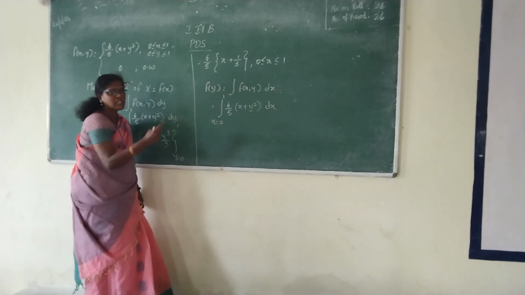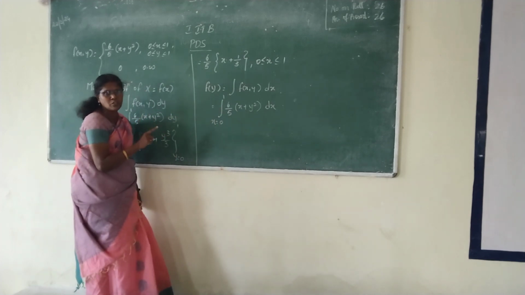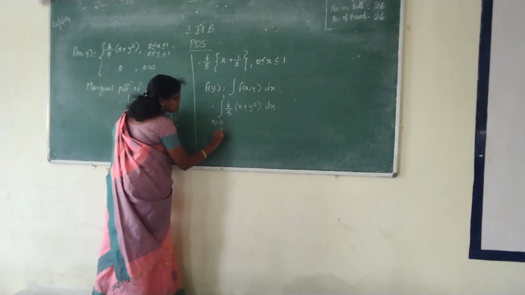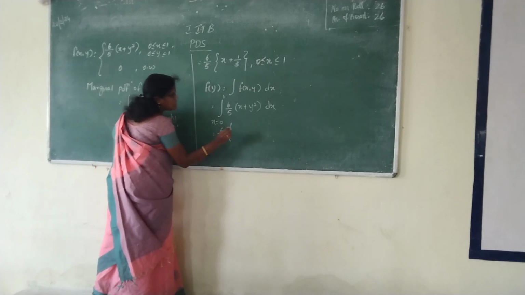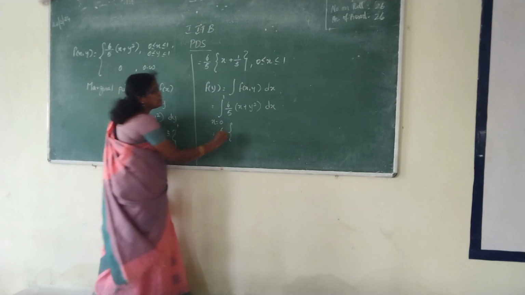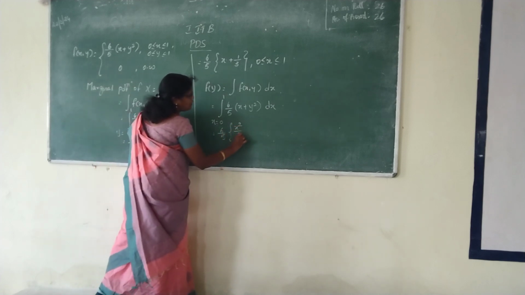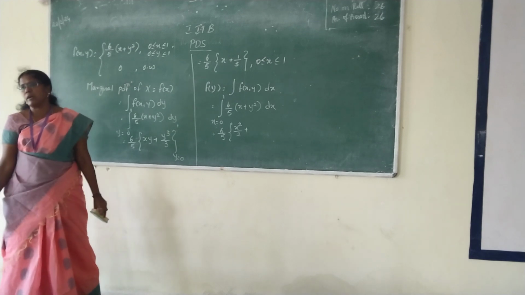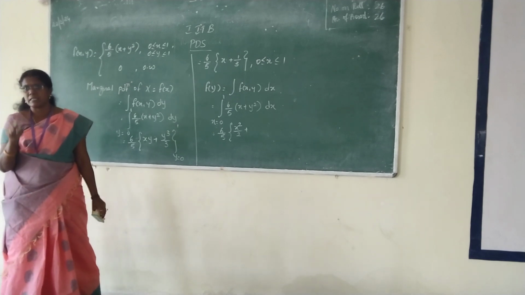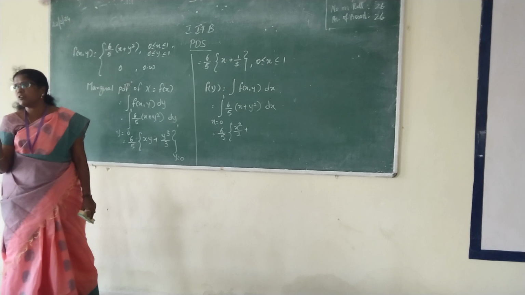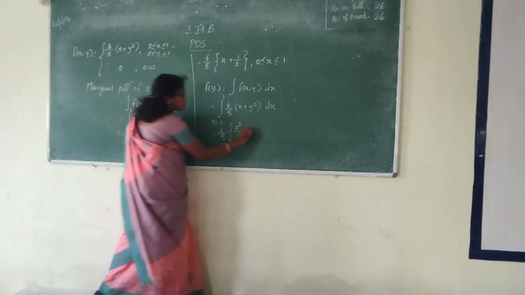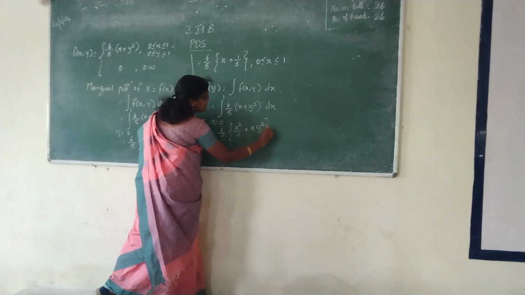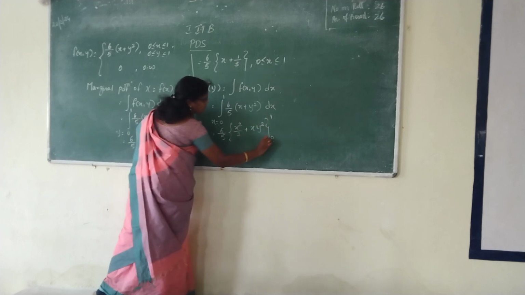Now we integrate with respect to x, y will be a constant. So this is equal to 6 by 5 into. What is integral of x? x square by 2. What is integral of y square? x y square. y square is a constant, will remain as it is. Integral of dx will give you x. So it will be x y square. This within the limit 0 to 1.